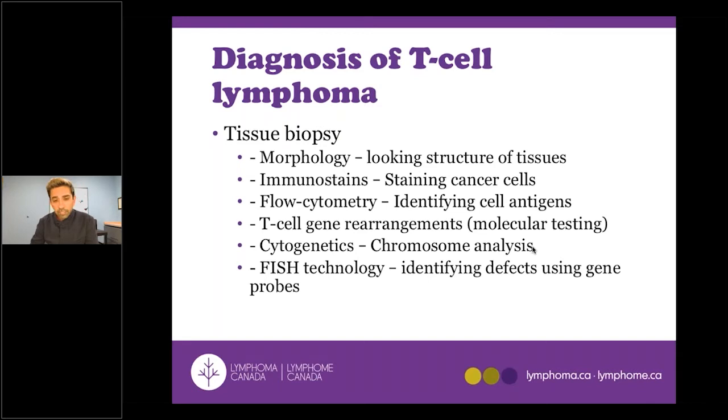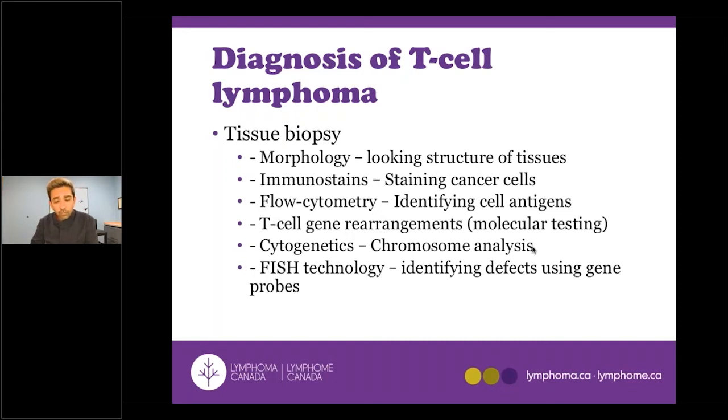technologies like immunostain. This is where we stain our cancer cells with certain antibodies, and these antibodies will be picked up based on some of the antigens that might be present on the cancer cells. We also use other technology like flow cytometry, again trying to identify antigens that are present on the surface of these cancer cells.